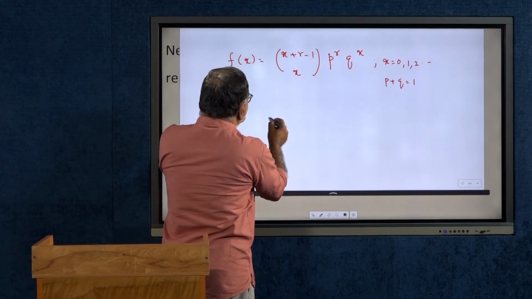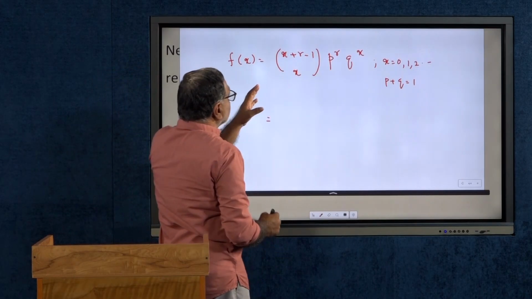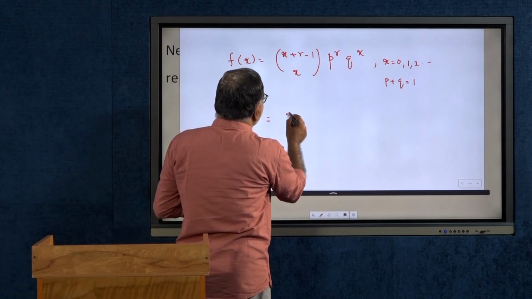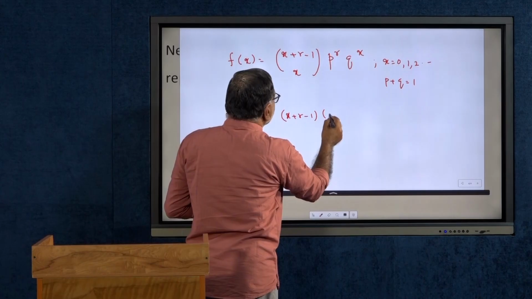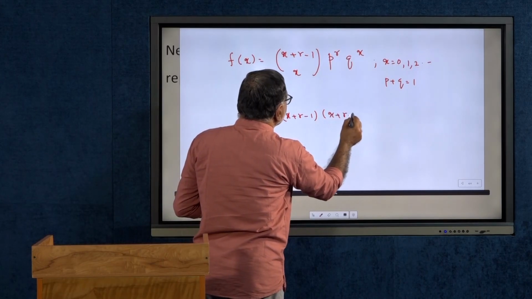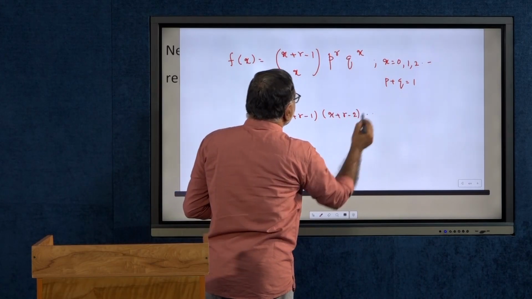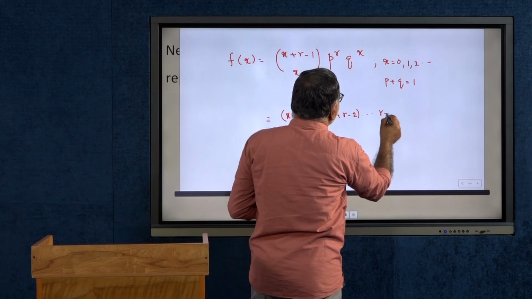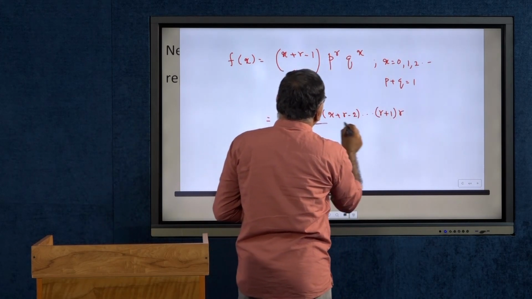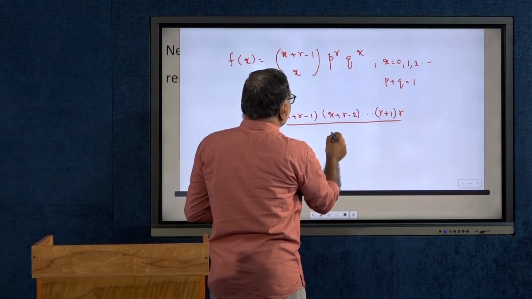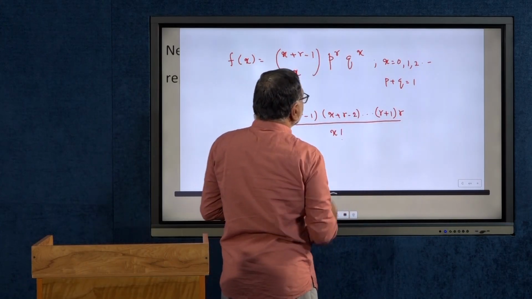Let me consider this, and this is equal to x plus r minus 1 into x plus r minus 2 into ... into r plus 1 into r, divided by x factorial.